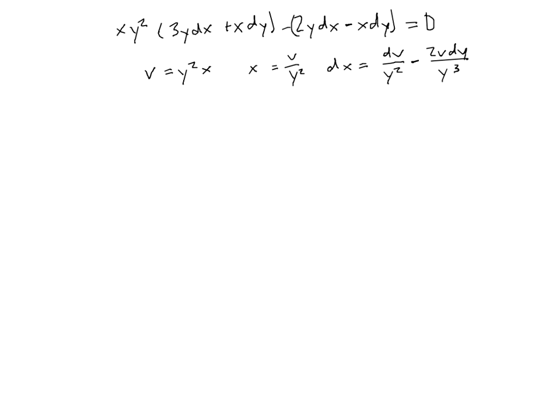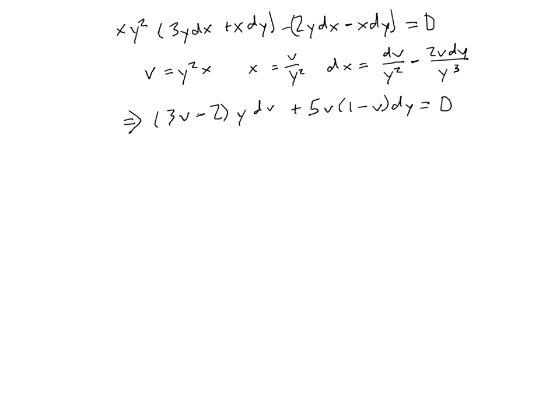over y cubed. So if I make this substitution, I can get this thing down to a form where I have 3v minus 2 times y dv, and then I have plus 5v(1 minus v) dy equals 0.